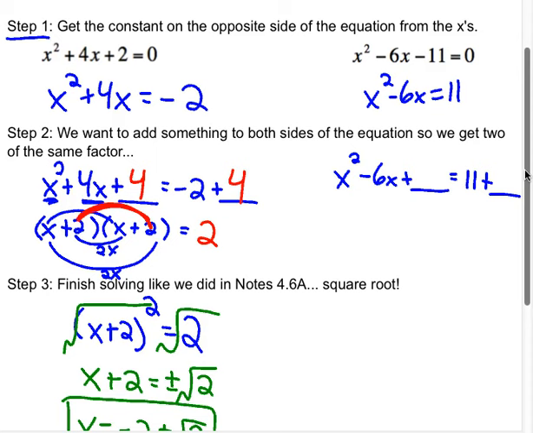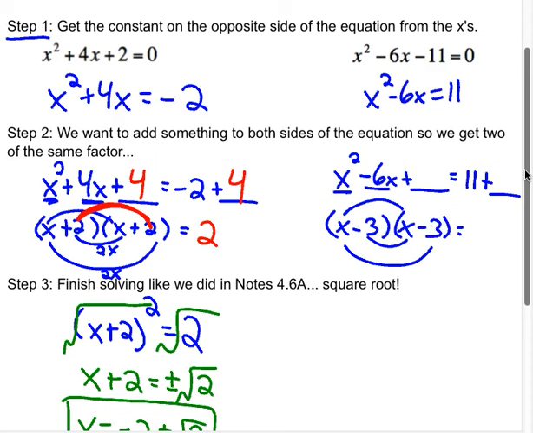And so again, let's picture what that means. This x squared right here is coming from x times x. This negative 6x is coming from these two connections right there. But again, to give me two of the same thing, it has to split itself evenly between those two factors.